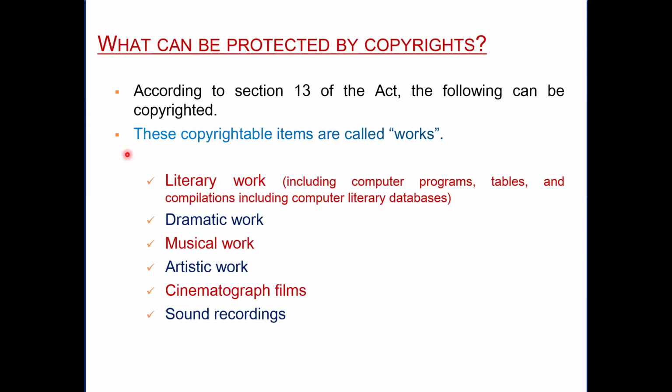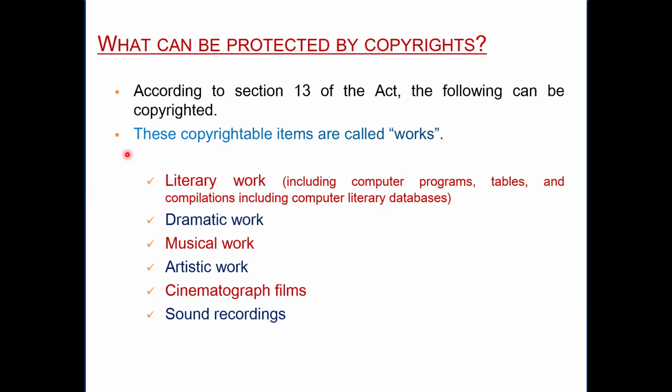Now you can see, according to Section 13 of this Copyright Act, what items can be copyrighted. It has been clearly defined. Remember that in each and every case, if I talk of simply literary work or musical work or cinematograph work, there is a further exhaustive list.